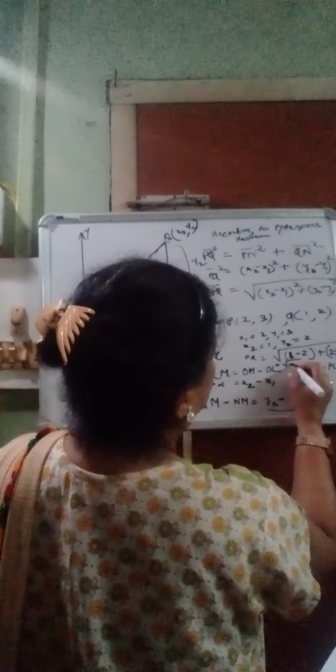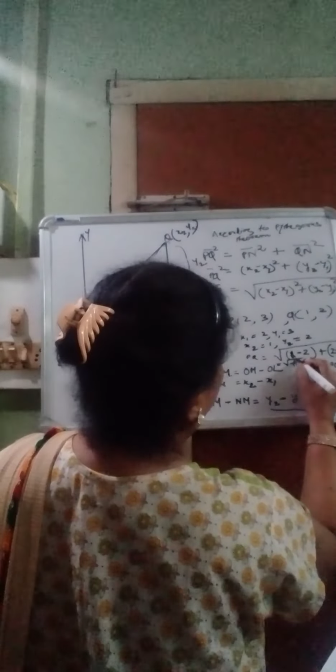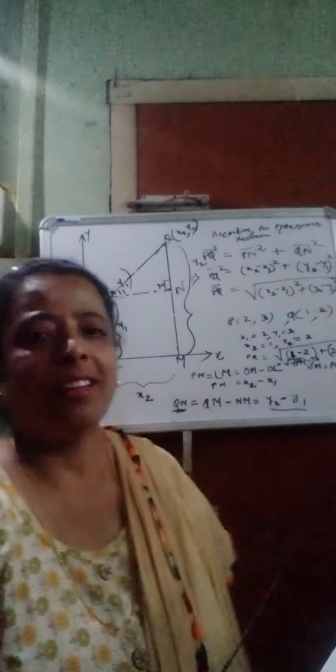Very simple. That means 1 minus 2 is minus 1, and 2 minus 3 is again minus 1, and each is squared. Something like this you can find out.